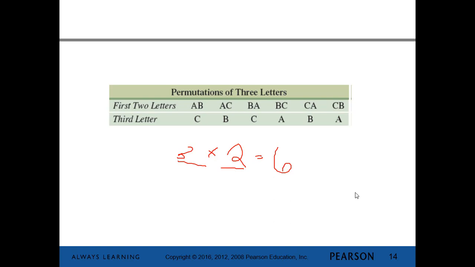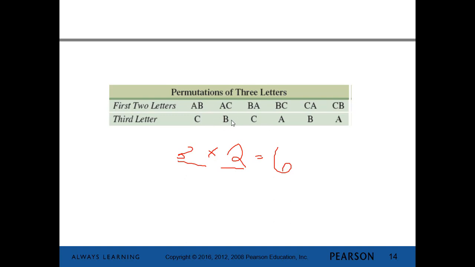Now, again, if you look at this, you can see why. We can have AB or BA. We can have AC or CA. We can have BC or CB. Well, those give us 6 possible outcomes. And then if you add either C here or B here or C here.